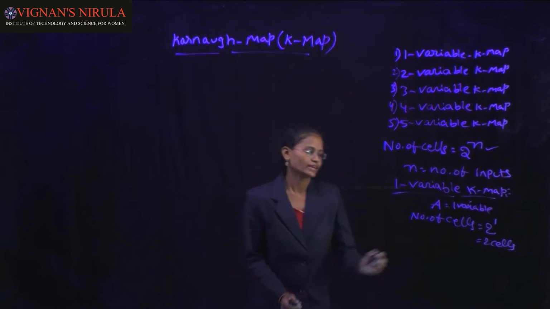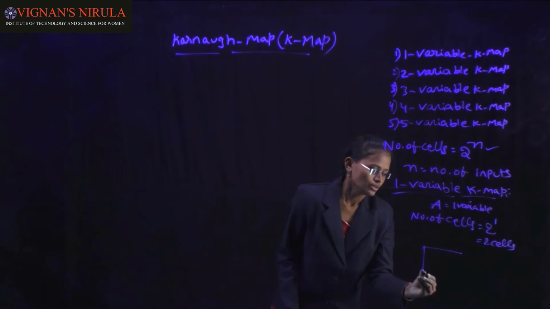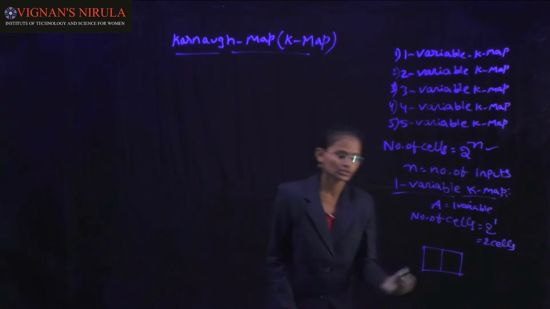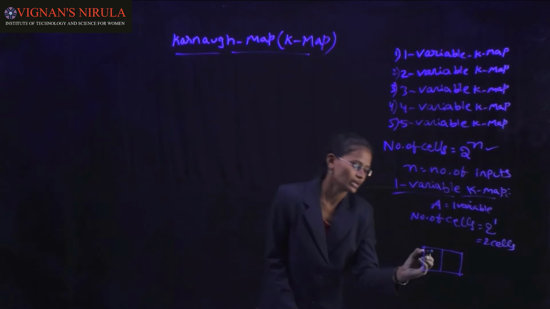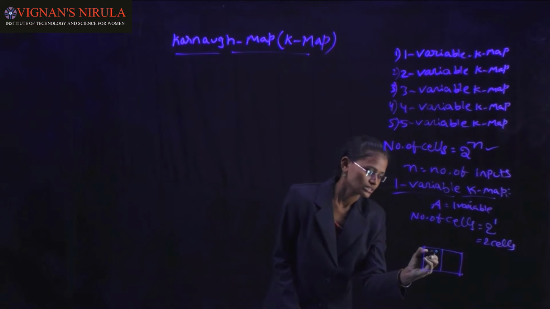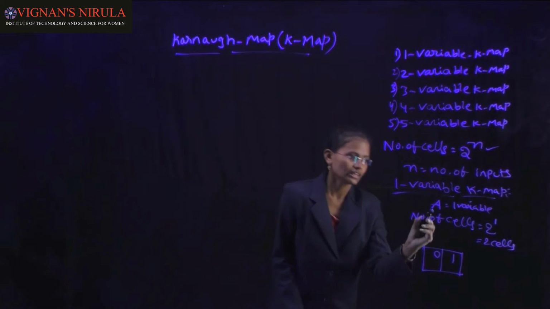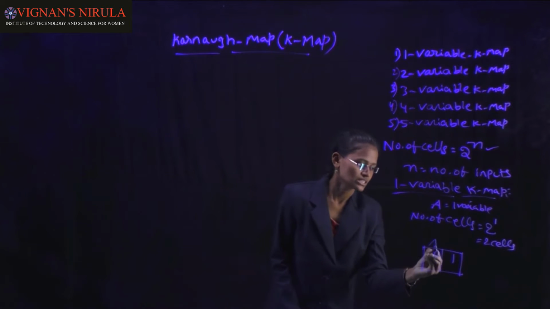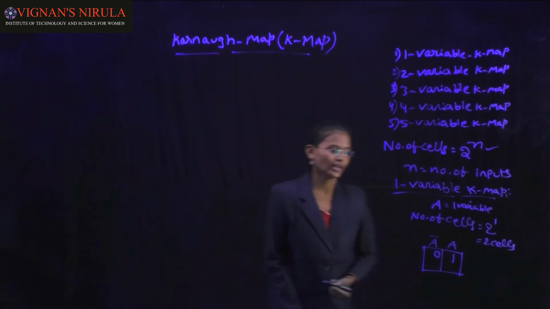You can write down the structure. This is 2 cells. In this, the decimal numbers and the gray code are 0, 1. Here the variables are A bar and A.